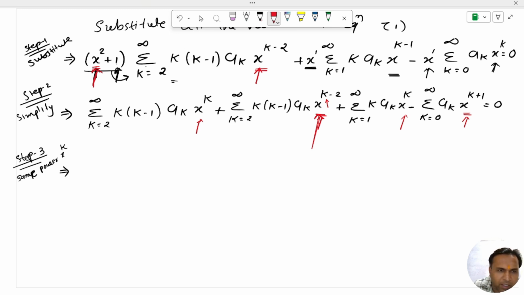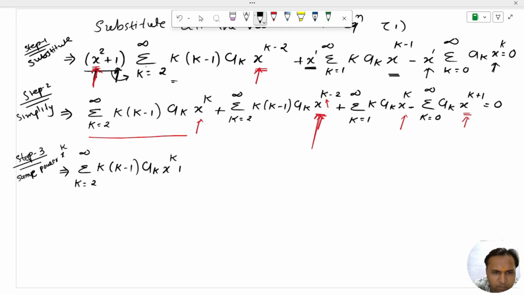and here there is no change. So just note down: summation k equal to 2 to infinity, k minus 1, a_k, x raised to k. There is no change. Plus, for this one, if I want to convert it into x raised to k, in that case I take k plus 2 in place of k.